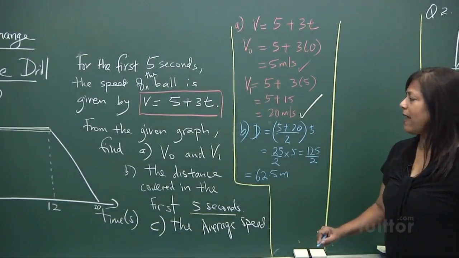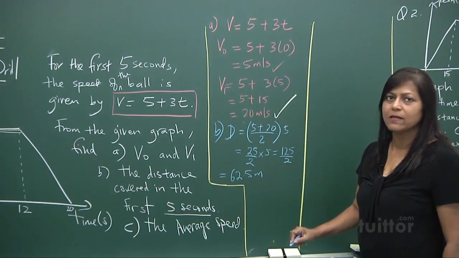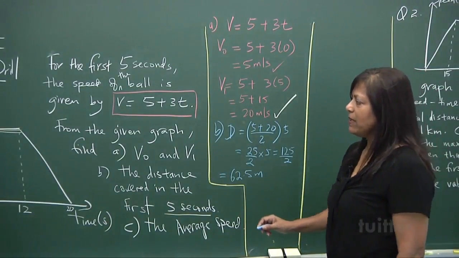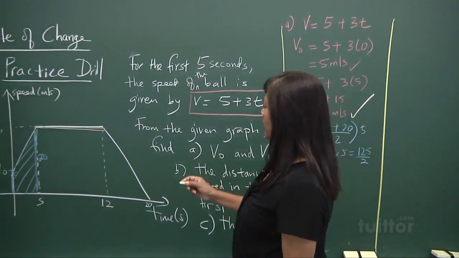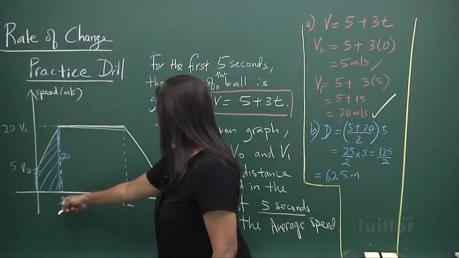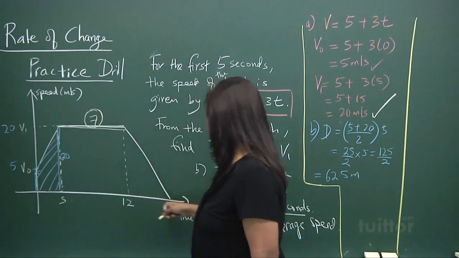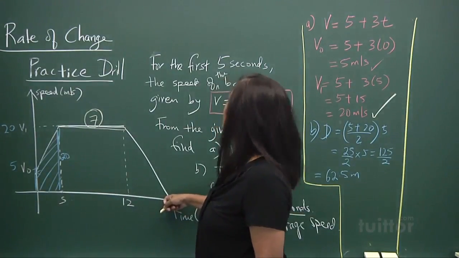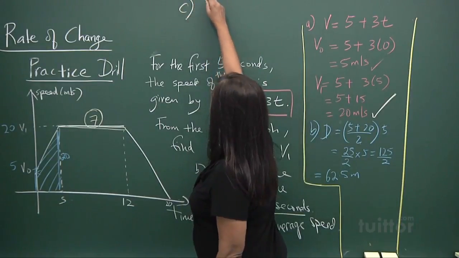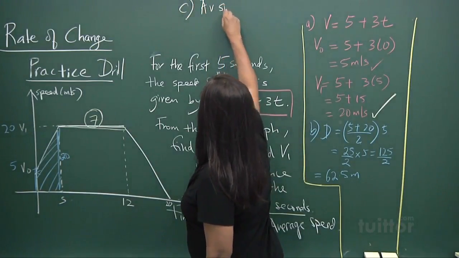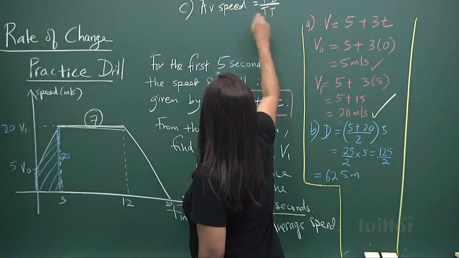And when you want to find the average speed will be the total distance over the total time. Now if you look at it, my dear, okay, the total distance here from 5 to 12, this is 7. And from here to here, it is 20. So what will be the total distance? The average speed is equal to total distance over total time.